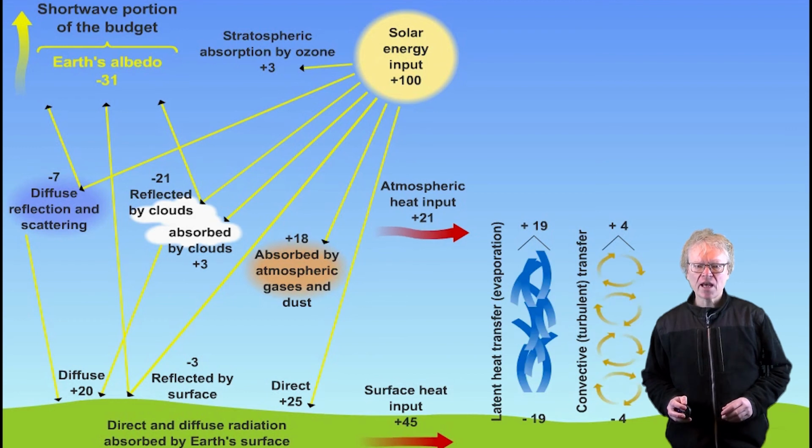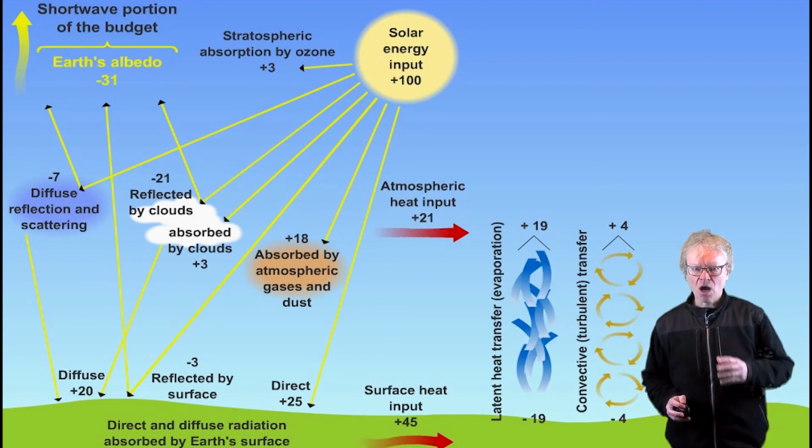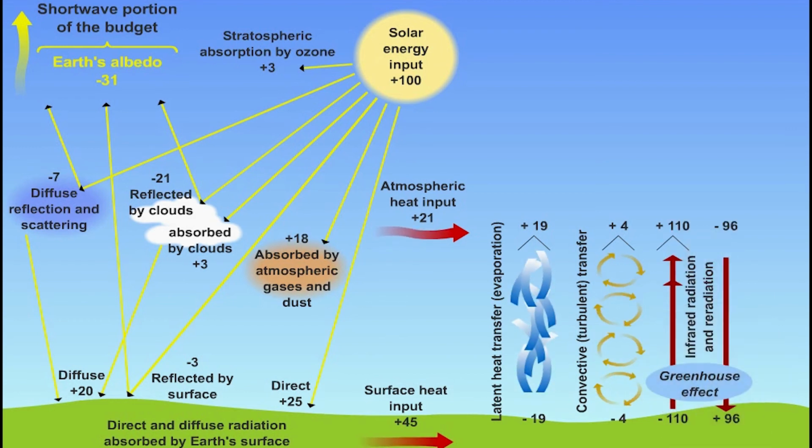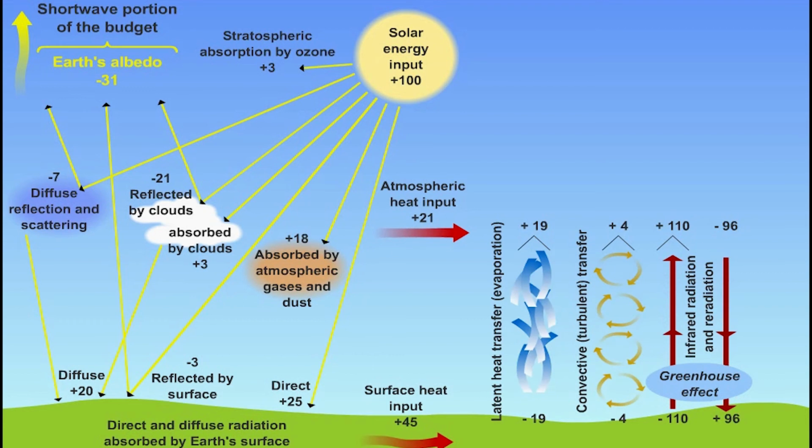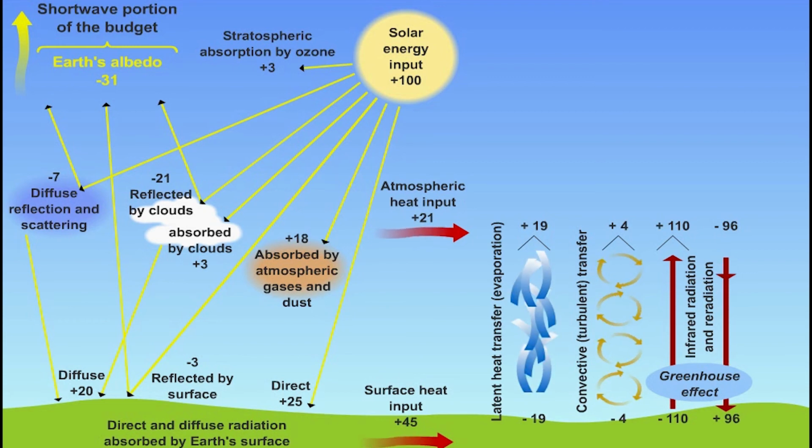We also then have this large cycle. This is essentially the greenhouse effect. It's the re-radiation of energy from the Earth that goes up into the atmosphere, and then there's also radiation back down from the atmosphere to the Earth. So the Earth loses 110 units, but also gains 96.